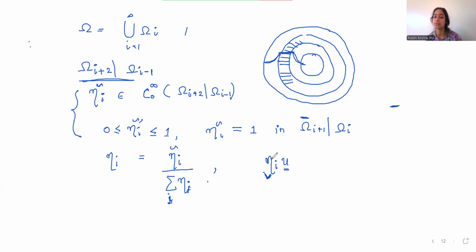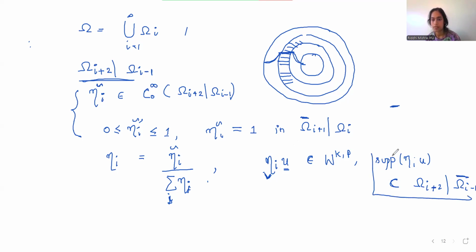Suppose eta_i u is the same as your eta_i tilde u. This is a property of mollifier, or a property of the weak derivative.